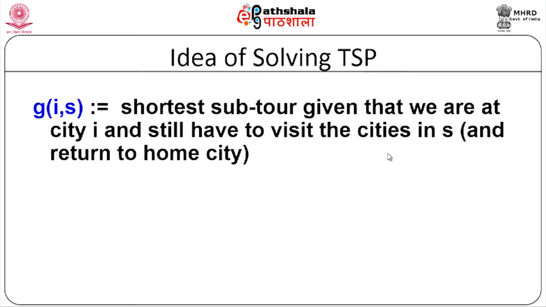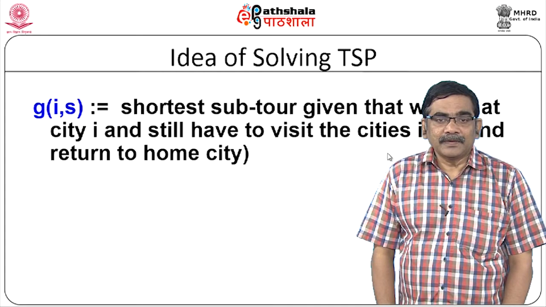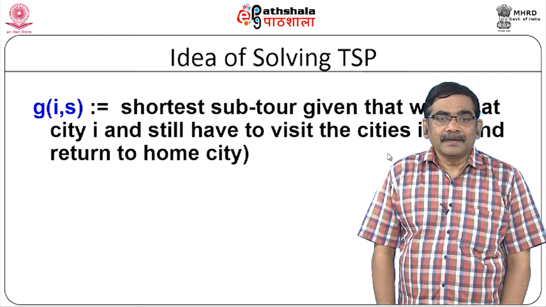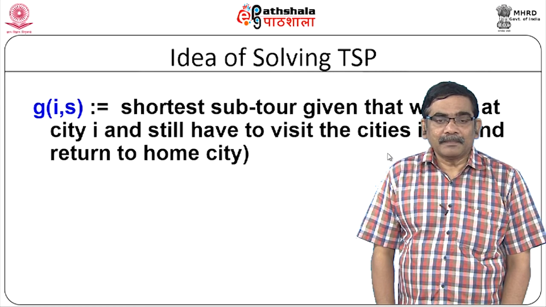But unfortunately, as I said earlier, the enumeration will not work because for every rise in the number of cities, you have more paths to contend with. Therefore, the problem becomes an exponential problem and it is very difficult to give a solution for the traveling salesperson problem using the brute force method. So, we go for a dynamic programming approach for solving this. Dynamic programming gives a slightly better solution compared to the brute force method.